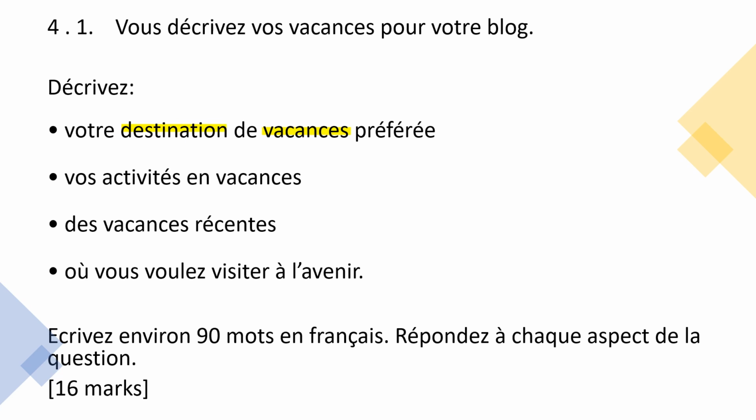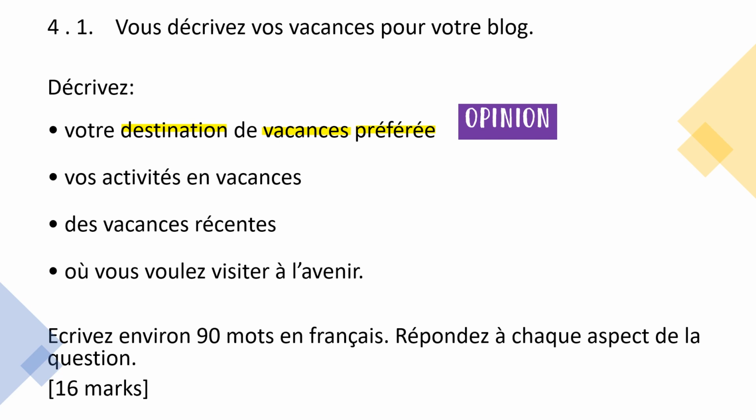Destination, so it's the place that you go to, the destination, and préférée, so favorite. So your favorite holiday destination. Okay? This is clearly asking for your opinion. I like going to France because I like to eat ice cream. I like to visit Italy because I like to eat pizza. Okay?